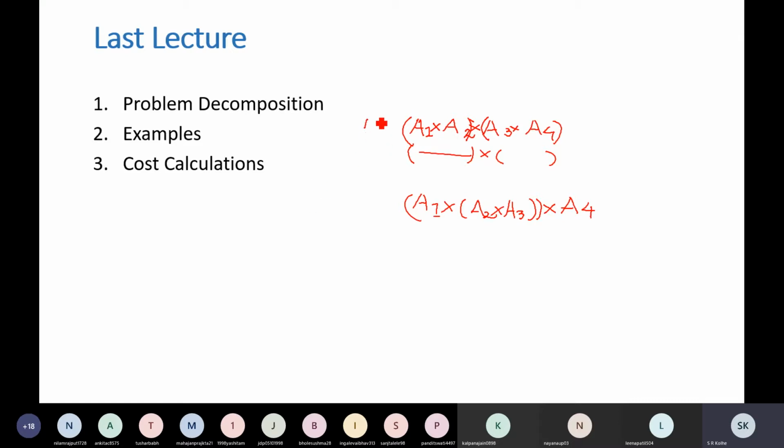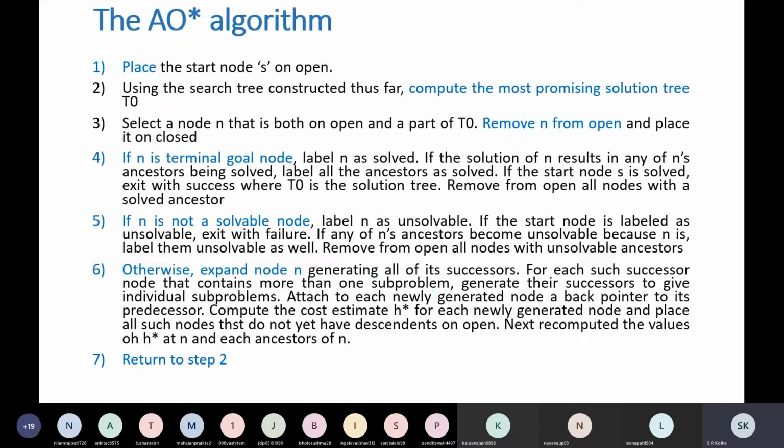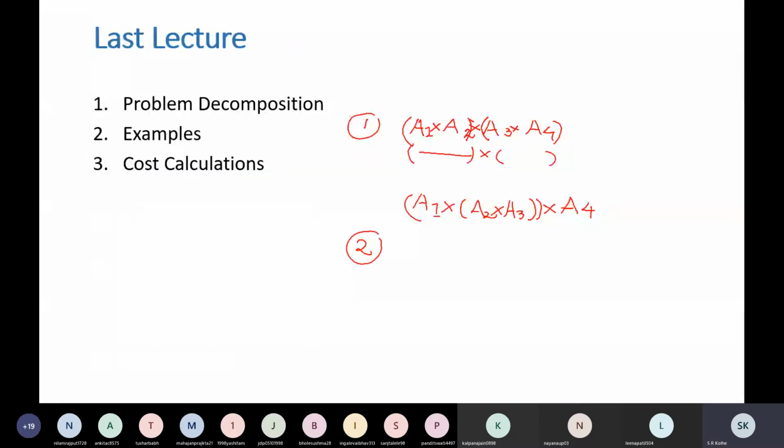This was first example, and second example that we have discussed was Tower of Hanoi problem. So in Tower of Hanoi, as we have seen, we can divide this problem into three sub problems.